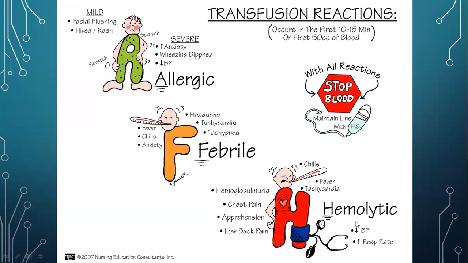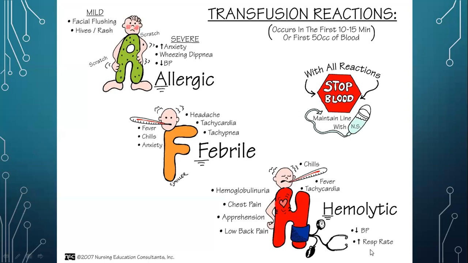In a very late stage, the patient also develops hemolysis. Hemolysis means breakdown of red blood cells. So if red blood cells break down, definitely the patient's blood pressure will go down, respiratory rate go up, and the patient will be restless.